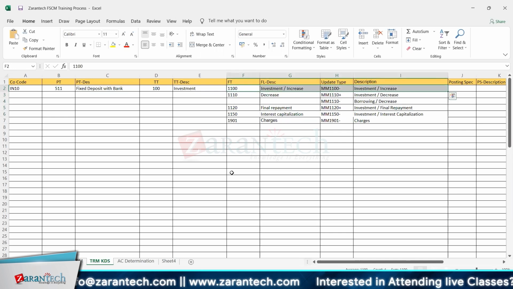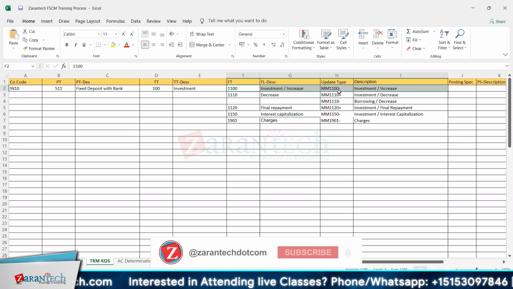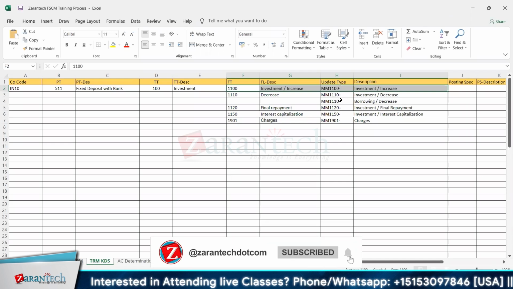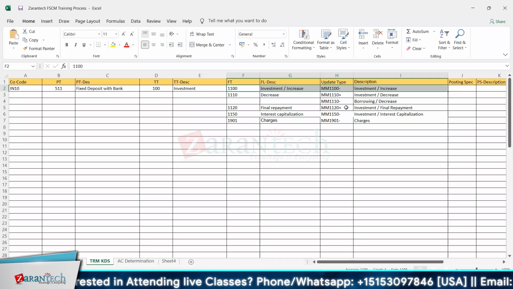If you ask for the definition of update type, practically I would say it defines the flow of your cash, whether it is incoming or outgoing. And second, based on the incoming and outgoing flow, what the accounting entry will be. That is the task of the update type.